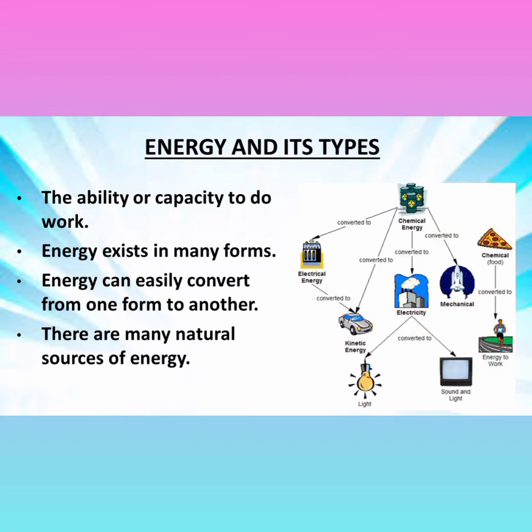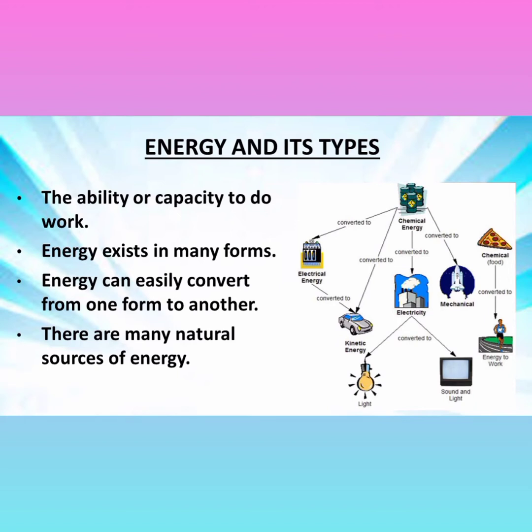And when we do some activity, like lifting some heavy thing, playing, running, or doing some exercise, the chemical energy which was stored in our body is converted to mechanical energy.